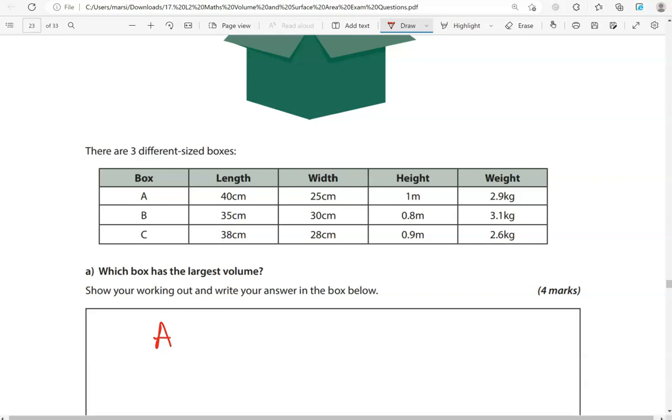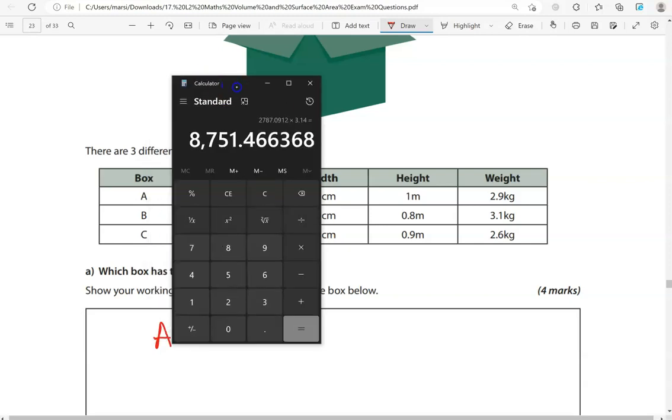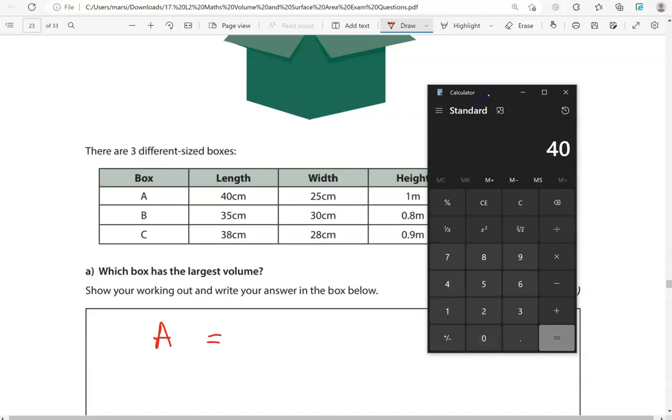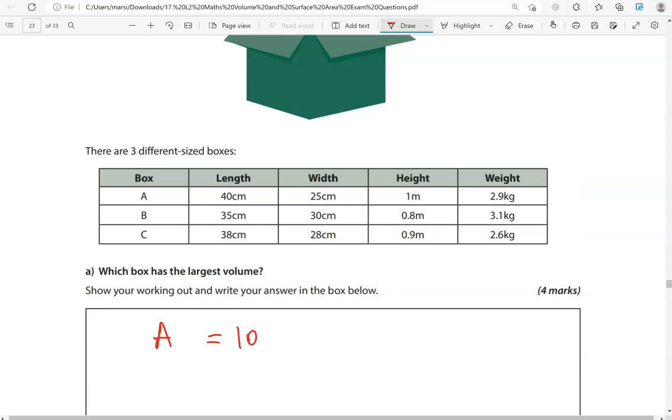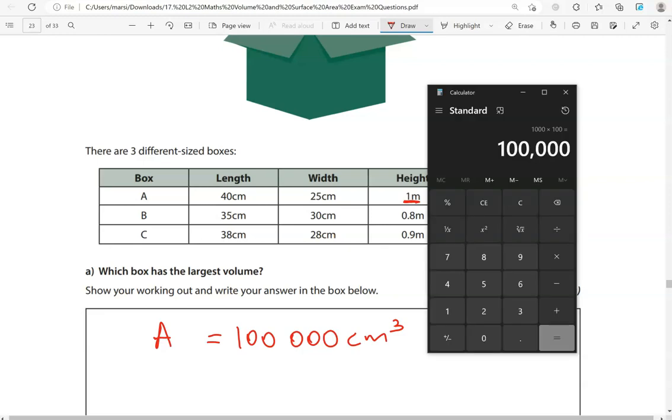So for box A, that is 40 times 25 times 100 gives us 100,000 cubic centimeters. So I converted this into 100 centimeters. Now for box B, we'll do 35 times 30 times 80.